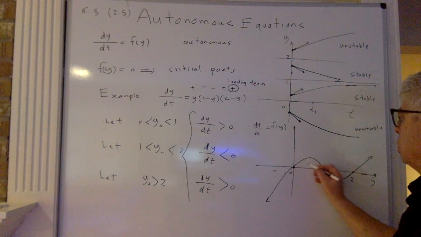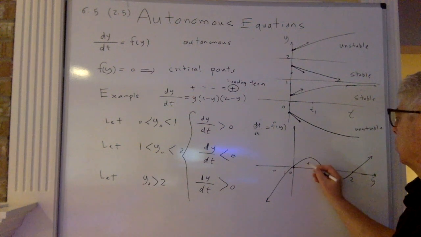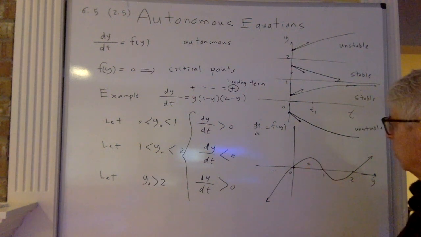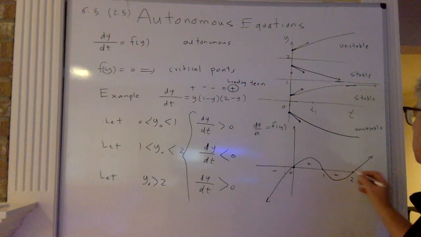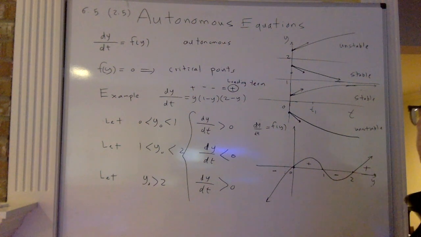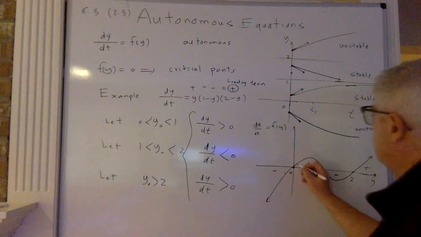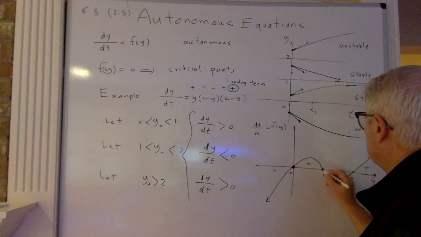The slope is positive. Here the slope is negative, and then positive. Okay? Now, these are critical points. These 3 points are critical points.